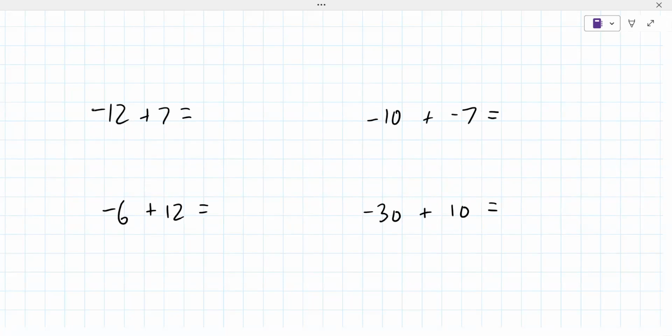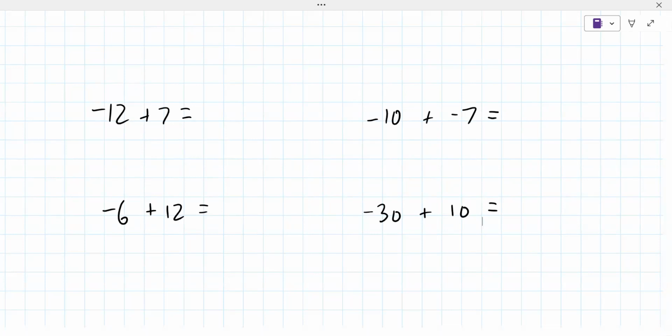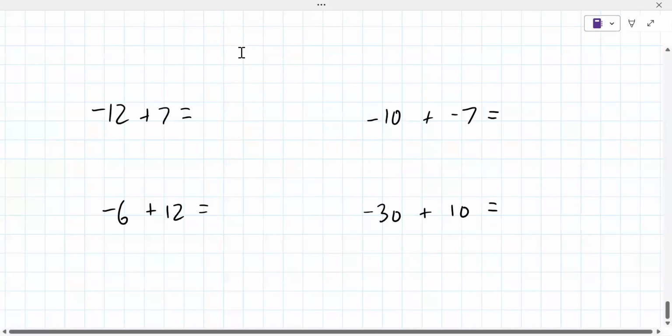Negative 12 would be further from 7. Hold on. My brain's not working. Take your time. There's no rush here.